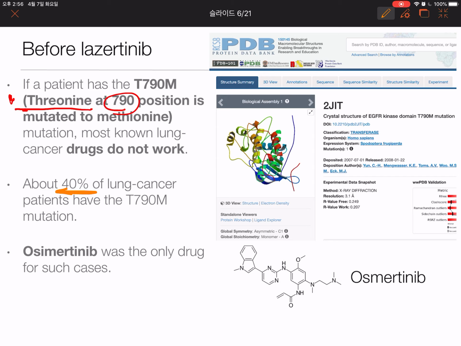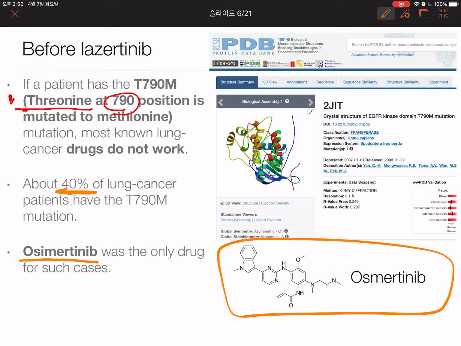And for those cases, there was only one drug which can treat such mutated cases. It's called osimertinib. Osimertinib was a known lung cancer drug for this specific type of mutation.